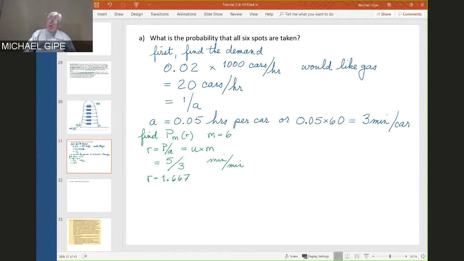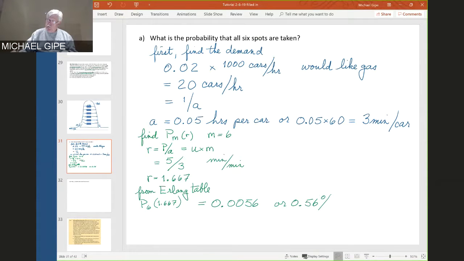We go and from the table, we use R and M. So the probability of with 6 resources of an R ratio of 1.667, that becomes, if we look it up, 0.0056, or a 0.56 percent probability of loss.